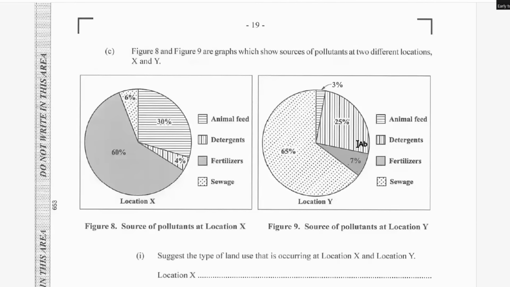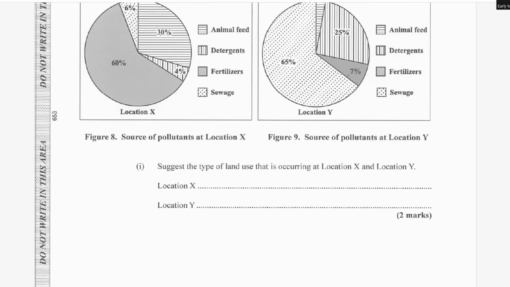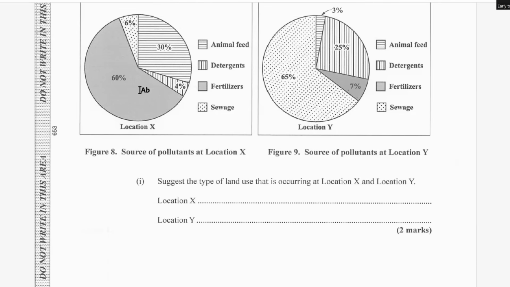Part C shows figures 7, 8, and 9 as graphs, which show sources of pollutants at 2 different locations, X and Y. Looking at these figures, you see 60%, the majority, is fertilizer for location X, and the majority, at 65%, is sewage at location Y. So they ask you, suggest the type of land use that is occurring at location X and likewise at location Y. So location X, we have plenty fertilizer, and then the second biggest plot is animal feed.